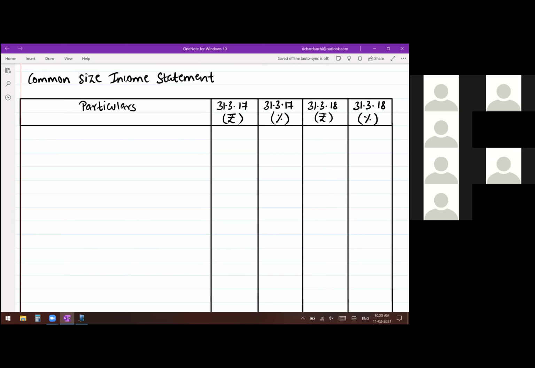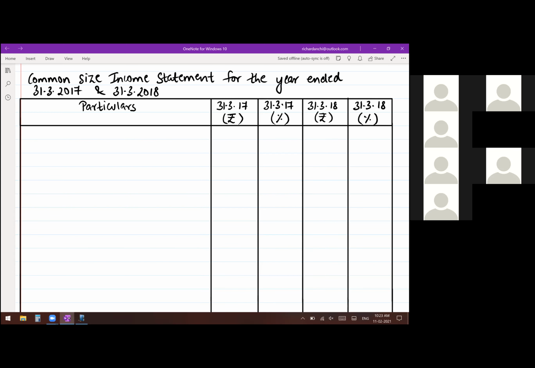For the year ended, the 2 years, 31st March 2017 and 31st March 2018. If you can remember the format, very good. Otherwise, look at the previous pages and see how we prepared income statement in the vertical format.